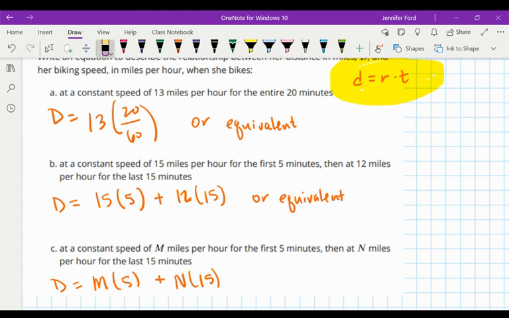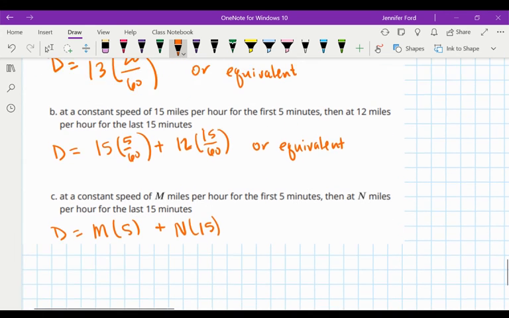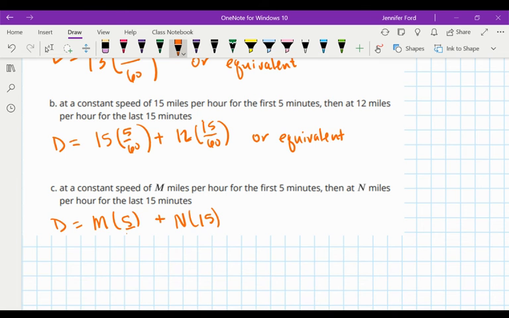We're going to do the same thing here. And then this is going to be 15 over 20. Nope, it's not over 20, it's over 60. And then same thing here. Or equivalent.